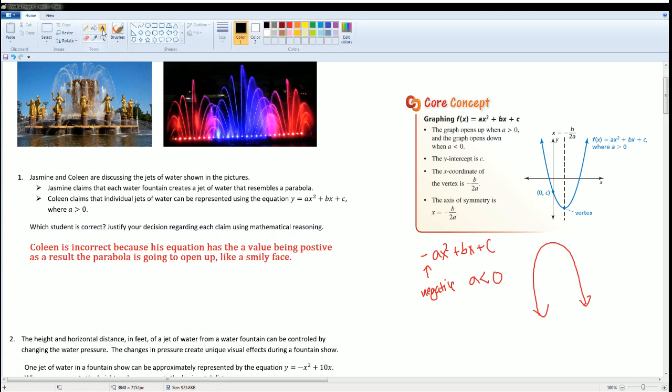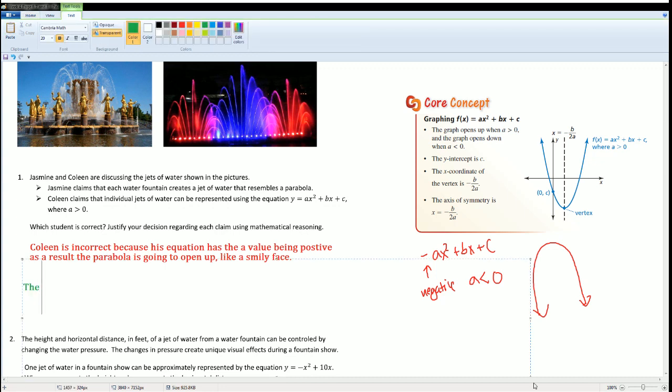I would say that the water fountain is an upside down parabola. You could say that.